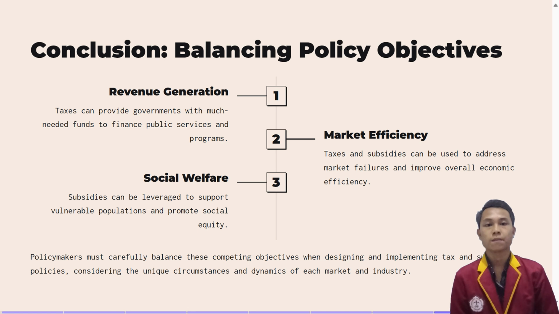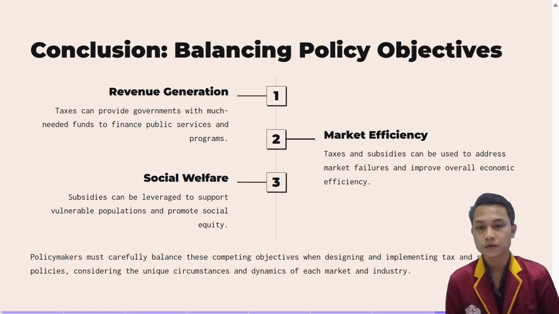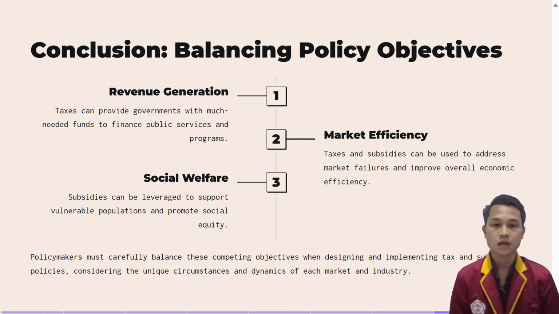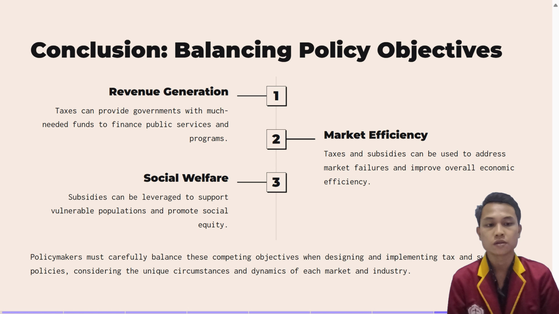Conclusion: balancing policy objectives. One, revenue generation. Tax can provide government with much needed funds to finance public services and programs. Two, market efficiency. Tax and subsidies can be used to address market failures and improve overall economic efficiency. Third, social welfare.